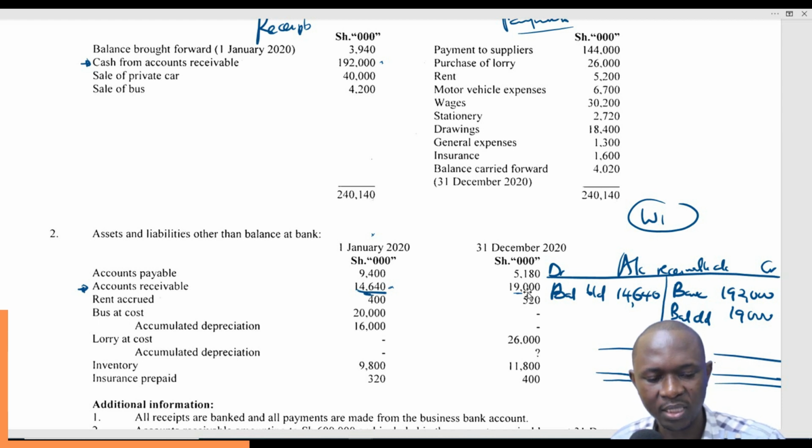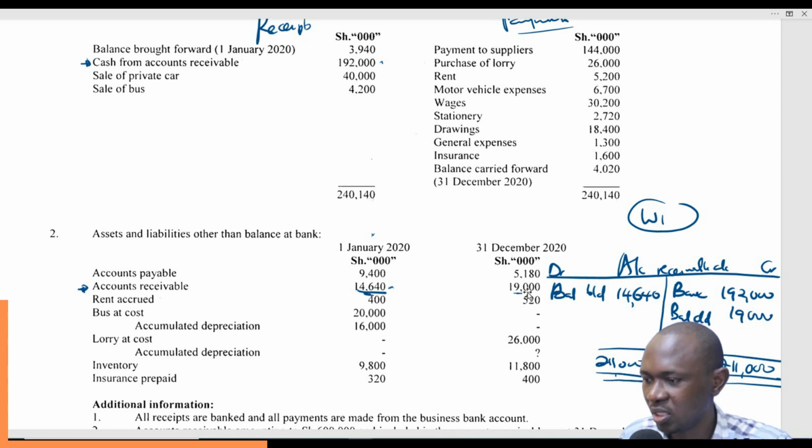192 plus 19 gives us 211, so 211,000, minus 14,640.